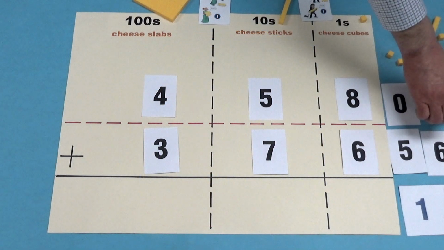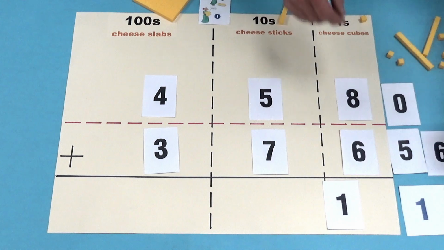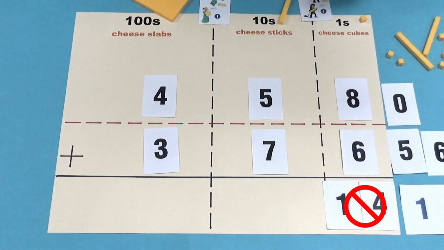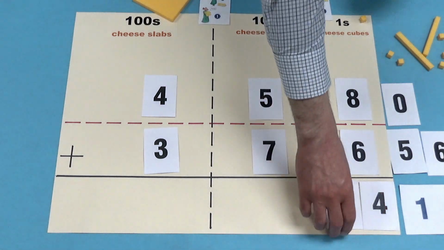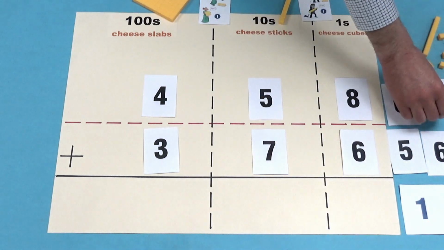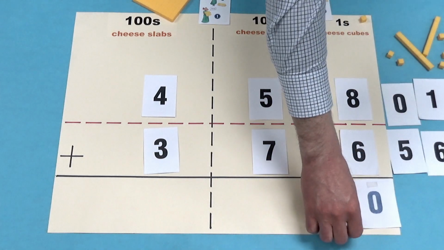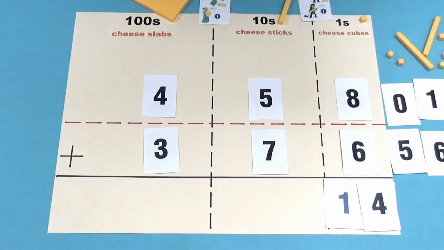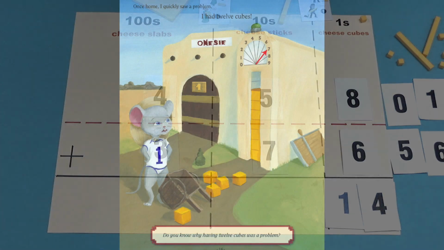Have students add the numbers in the ones place and choose cards to make the sum. Students will often take a 1 card and a 4 card to make 14, but tell them that 1 and 4 makes 5. We need 14. Let them struggle a bit until they realize they need a 10 card and a 4 card. Now ask them if the ones place and Onesie have room for 14 ones or cubes.